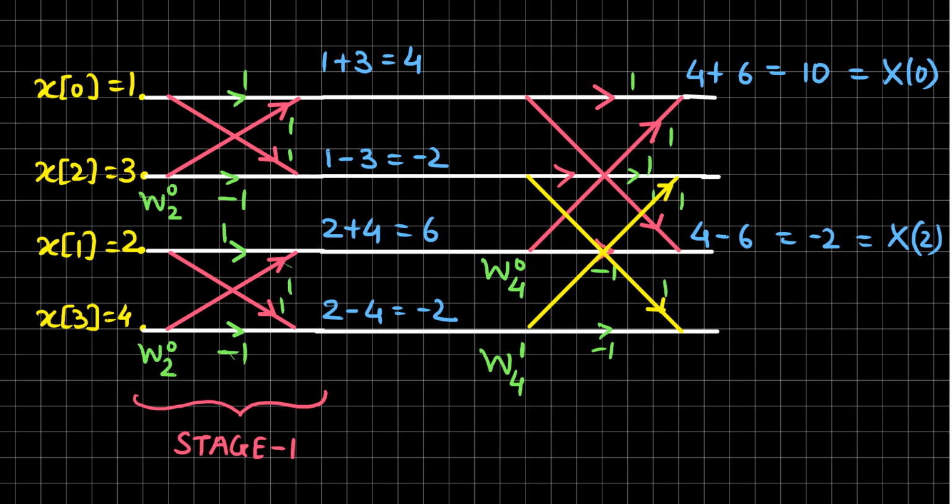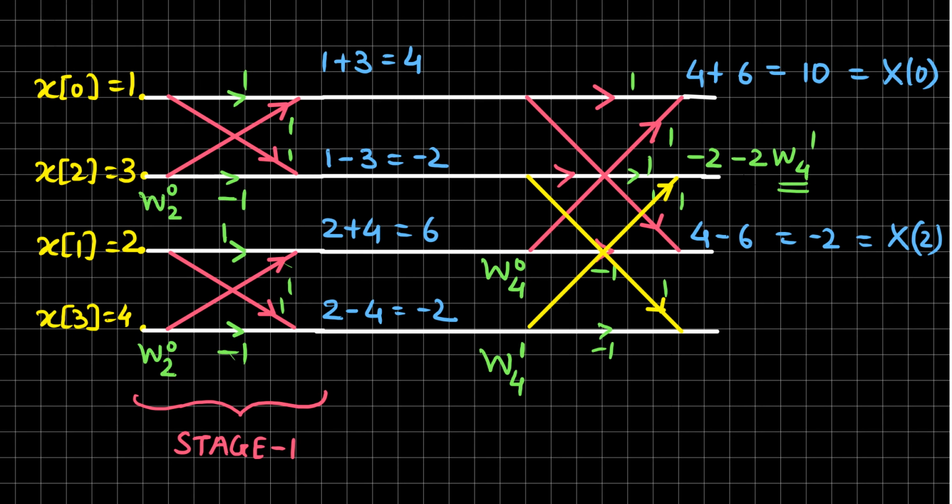And now the point here can be calculated as -2 plus -2 into W4 to the power 1. So now what is the value of this W4 to the power 1?